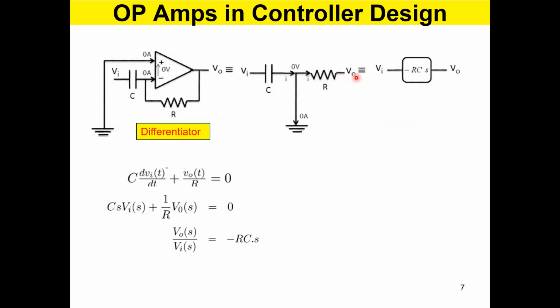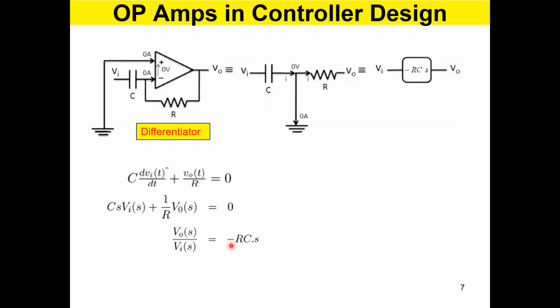So it is V out divided by R equal to 0. Once you simplify, V out is equal to minus RCs Vi. So s means differentiation. So you differentiate and there's a gain also, RC, with a negative. So it's a differentiator and at the same time an inverting amplifier. It amplifies with a negative sign.